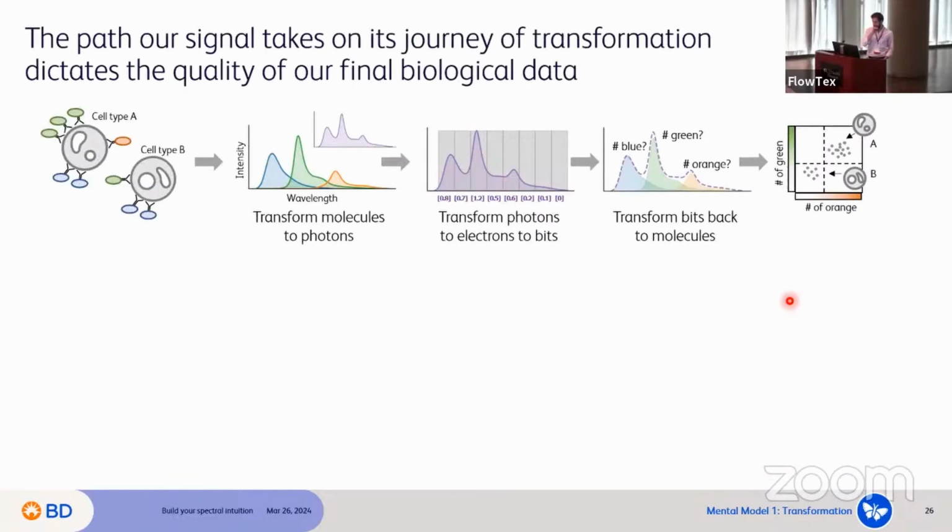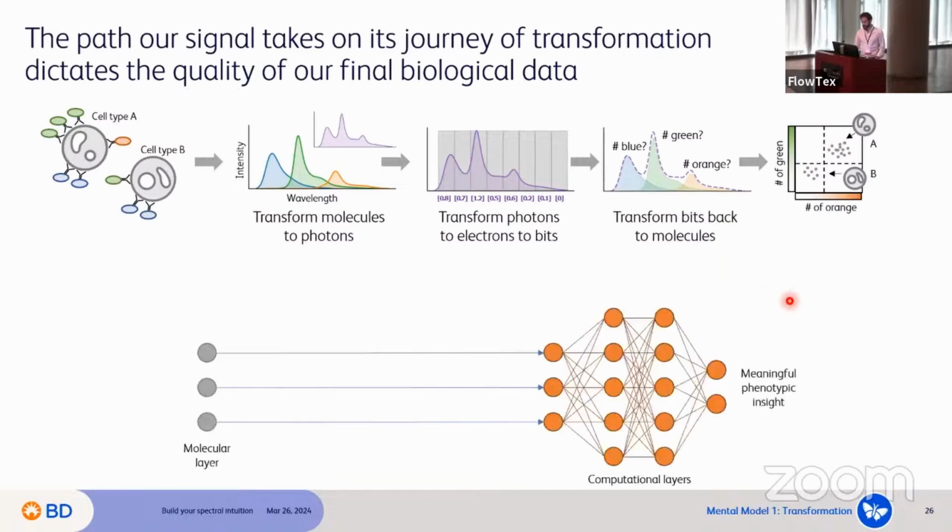The important thing is that every time we're transforming signal from one domain to another, the quality of that transformation is going to impact the quality of my final unmixed data, my final biological data. And if you're familiar with machine learning or with AI, maybe you're familiar with the concept of feature engineering.